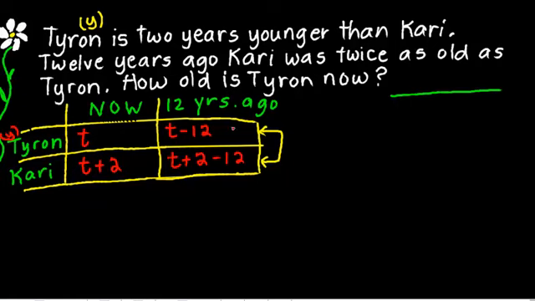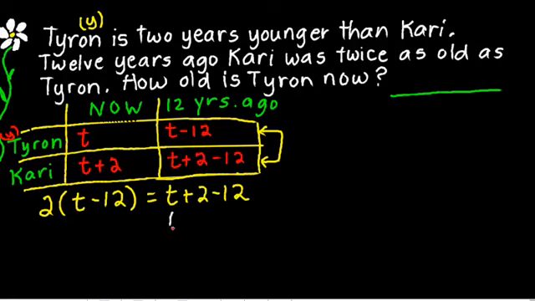So what I'm going to do here is create an equation. I'm going to double Tyrone's age, 2 times T minus 12, and that should make their 2 ages equal according to this word problem. So it's equal to T plus 2 minus 12. And don't worry, I'll get right to simplifying this side.